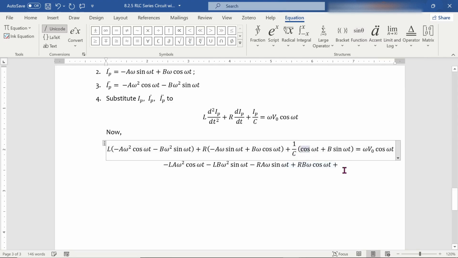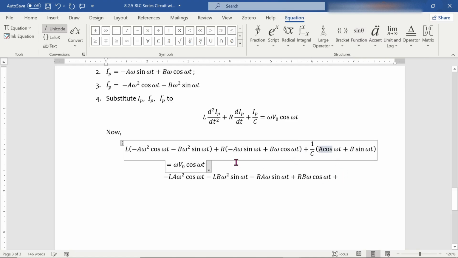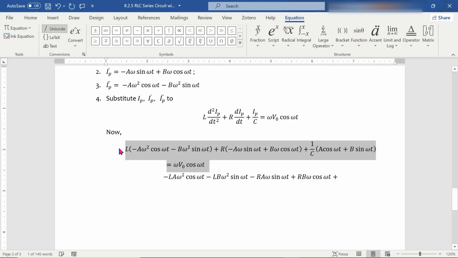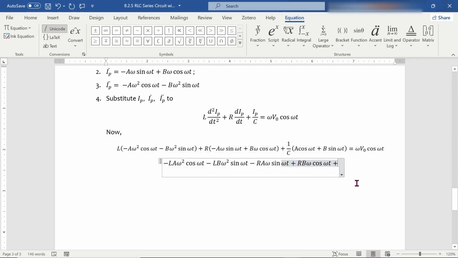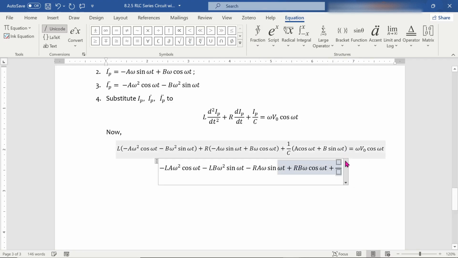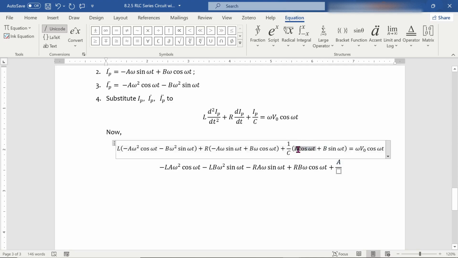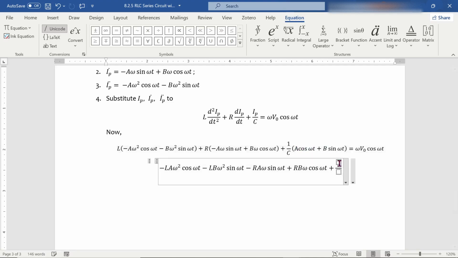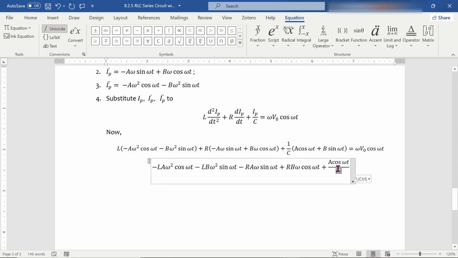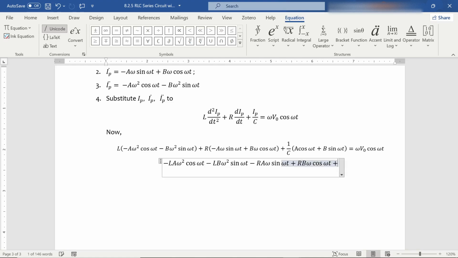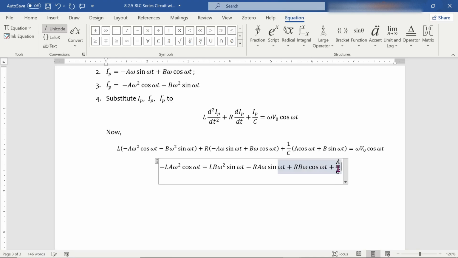Okay, this contains A. So we have plus A cosine of omega t over C, or simply I think it's better if we put A over C and then cosine.